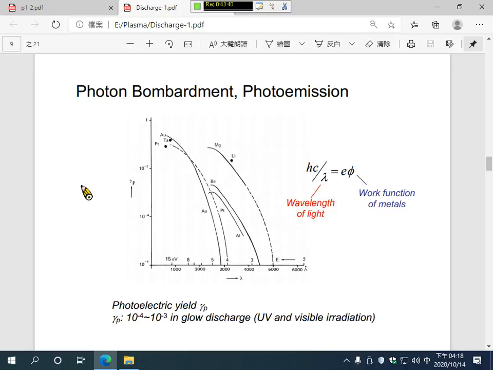And wavelengths smaller than 4,000 angstrom fall into the region of UV light.